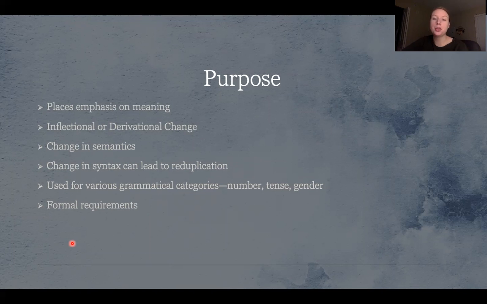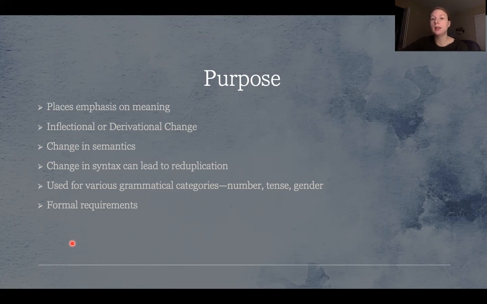Another huge key purpose of reduplication is inflectional and derivational change, of course, which changes the semantics when you have derivational change. So inflectional change, as a refresher, would be that dog and then using s for plural, so dogs.